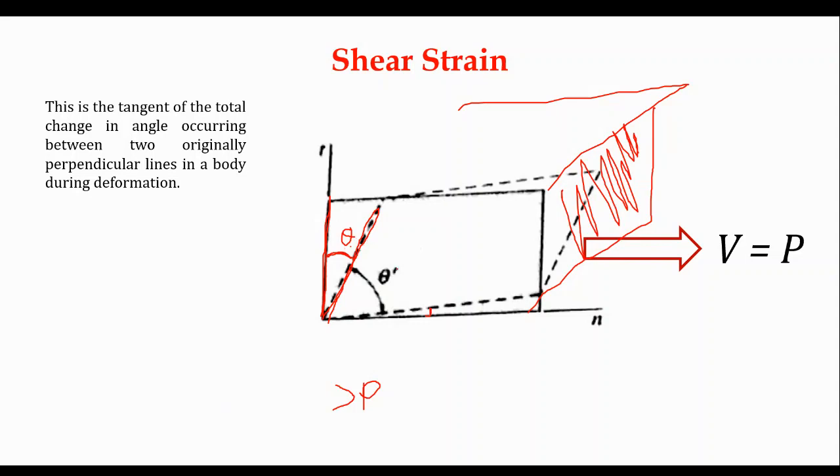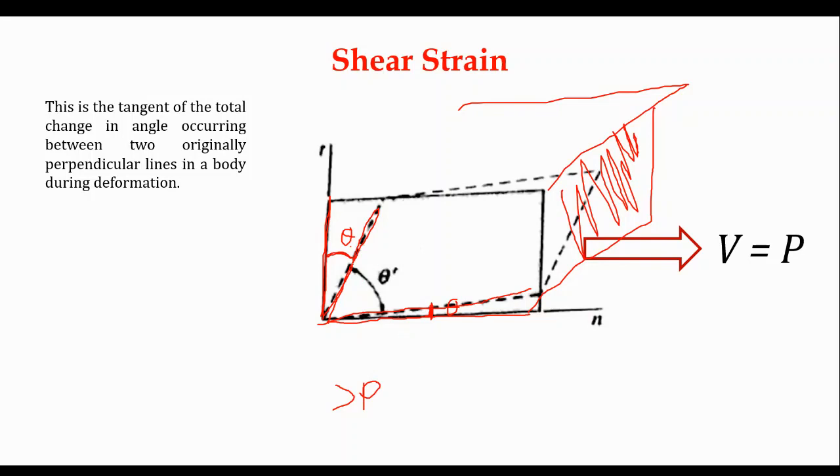And not just that, but also here, because from the horizontal it also deformed. So this angular deviation is also shear strain. Add the two angles and that is your total shear strain.